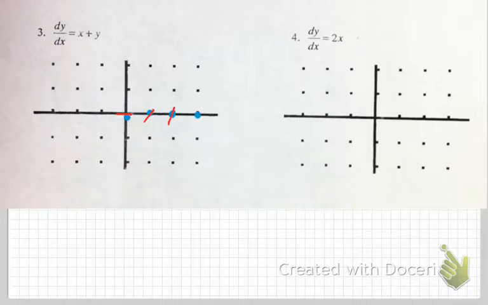And then for 3 plus 0, we should have a 3. All right? We're going the other way. We get negative 1 plus 0 is a negative 1, negative 2 plus 0 is negative 2, and then negative 3 plus 0 is a negative 3.